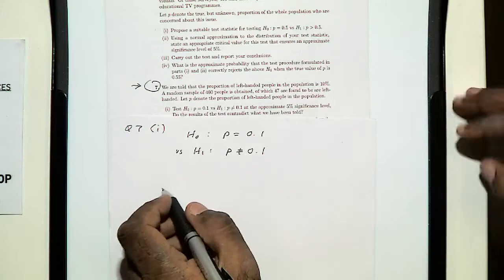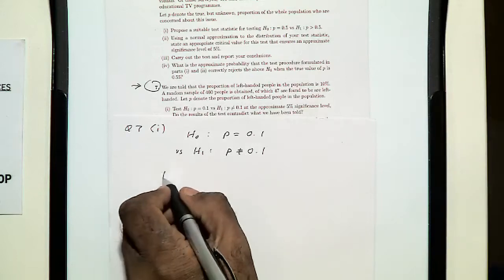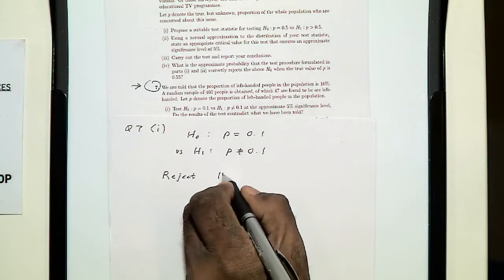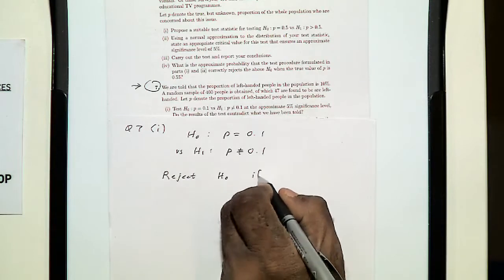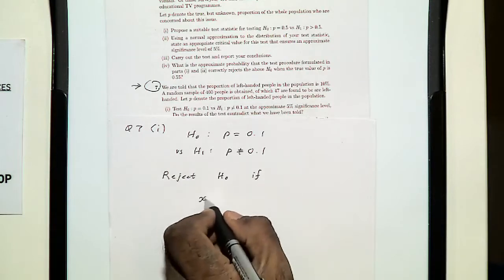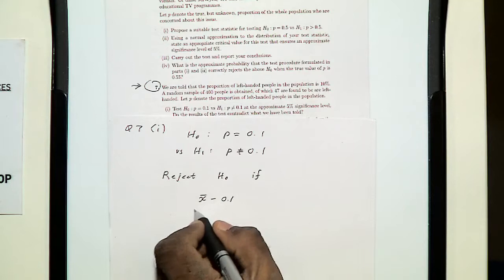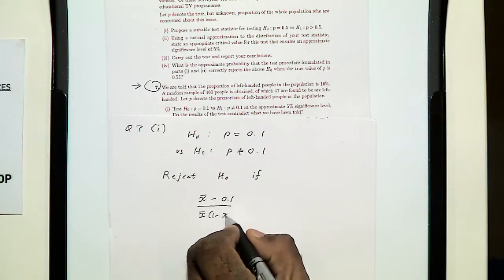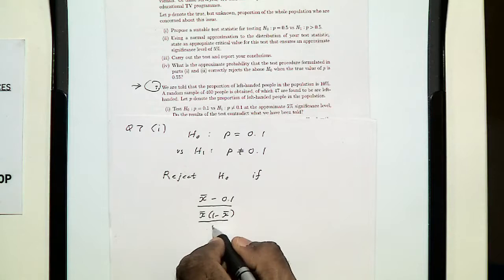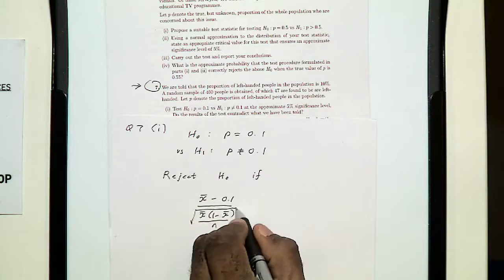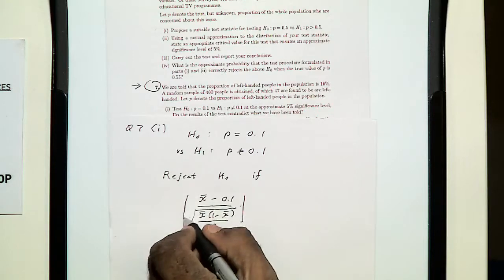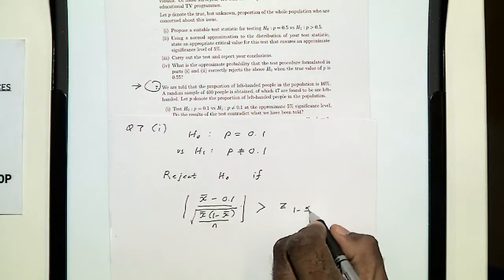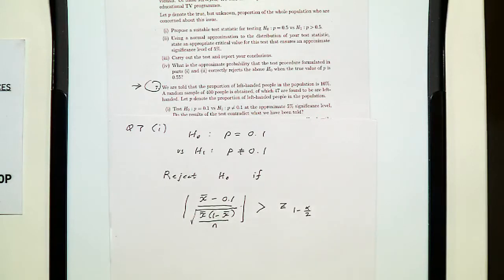And we know the rule for rejecting is we reject H0 if, all right. This is the case, right?